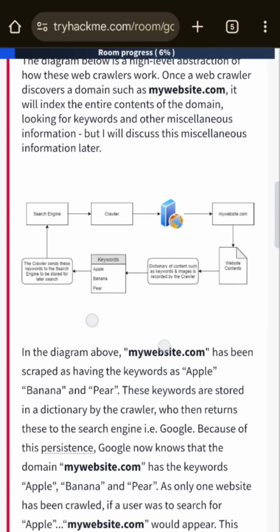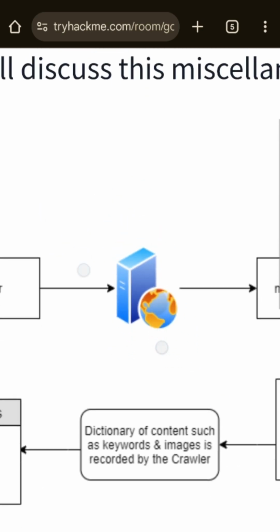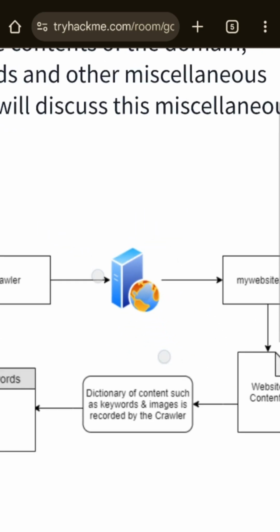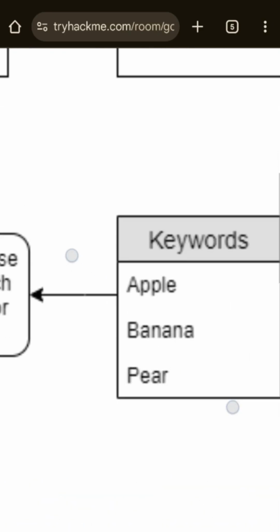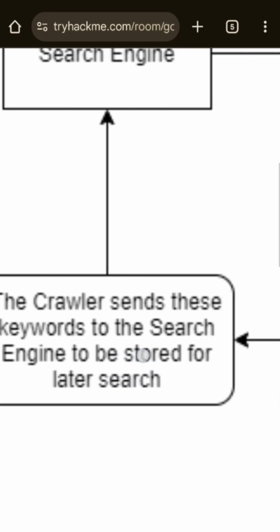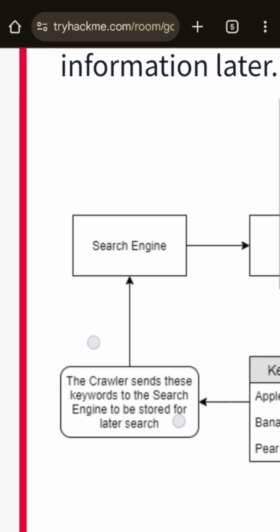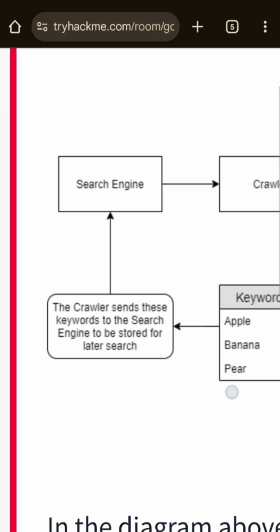So these are all interconnected, and this is where we are getting the data and then converting it, and Google has it like a database. And if I search anything with the search engine, I'll get the information from this database.